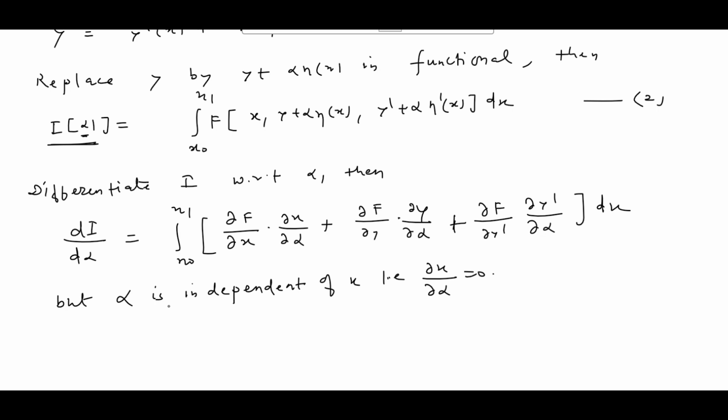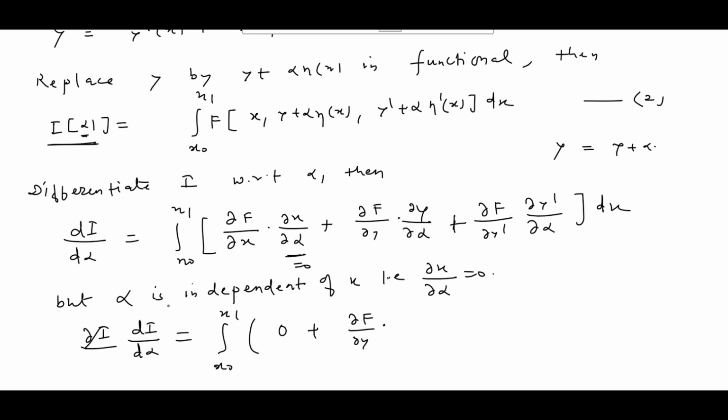So by using that, our above derivative, dI over d alpha, from x0 to x1. So this quantity will be 0, that whole quantity will be 0, plus del f over del y multiplied to... Now differentiate y with respect to alpha, the neighboring curve, that is y plus alpha times eta.